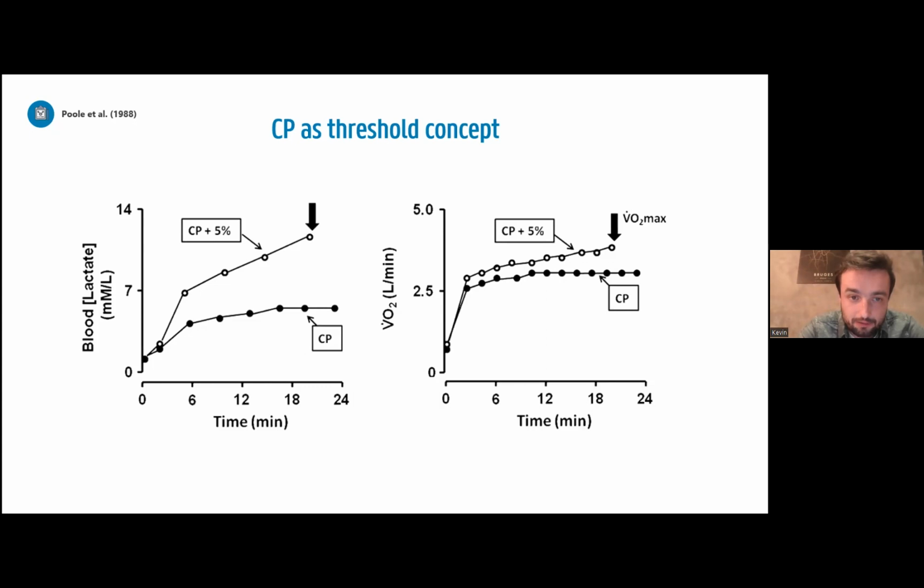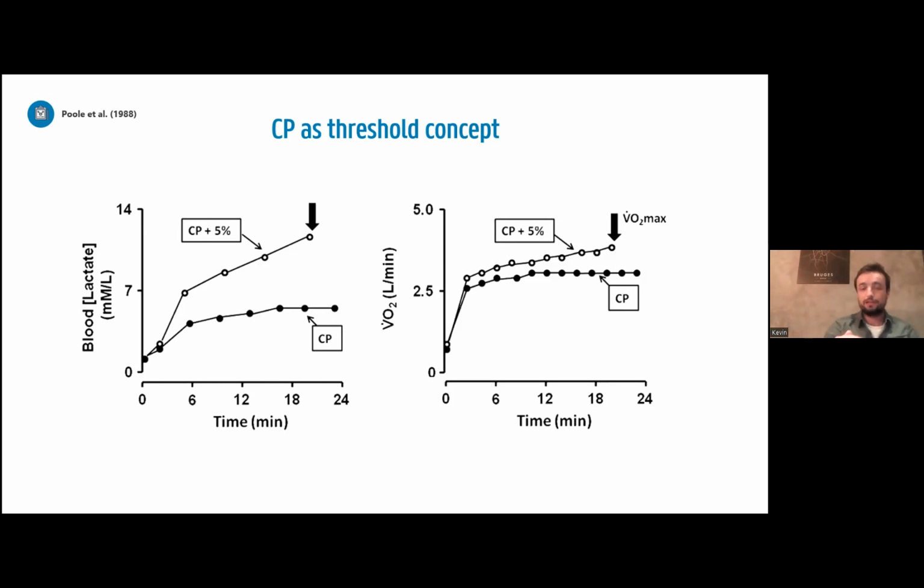While if those subjects were asked to cycle at 5% above that critical power, you can see that the responses in blood lactate and oxygen uptake are completely different. In this example, the subject couldn't even sustain that exercise for 24 minutes. So you can see no steady state anymore. Blood lactate and VO2 rise and they reach their peak values.